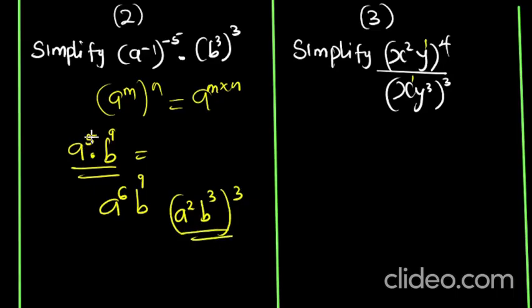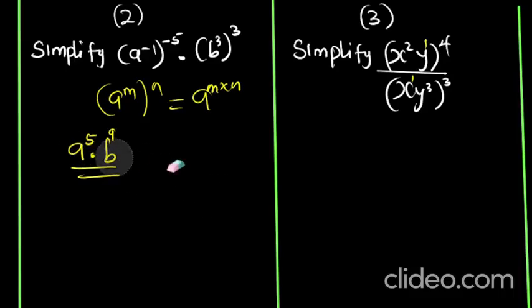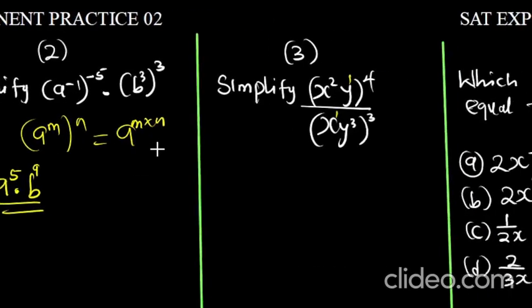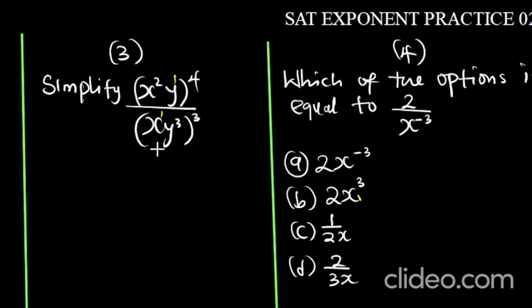Since this one is odd, I think I can still leave it that way. So our final answer here is a to the power of 5 and b to the power of 9.